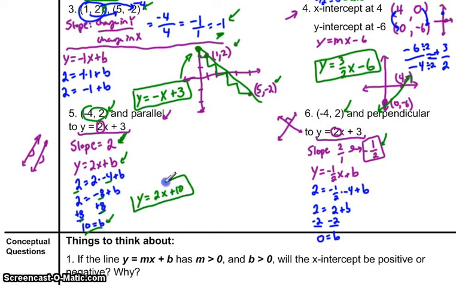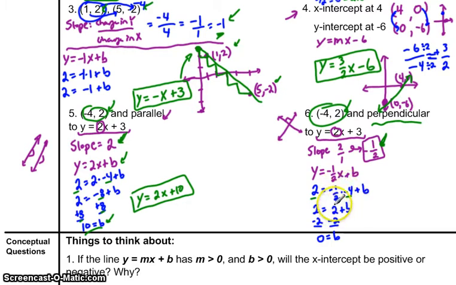There it is. On the other hand, in number 6, I had the slope of negative 1/2, again because it was a perpendicular, opposite reciprocal slope. So I substituted in, same as before, negative 4 for x and 2 for y. Negative 1/2 times negative 4 is 2.